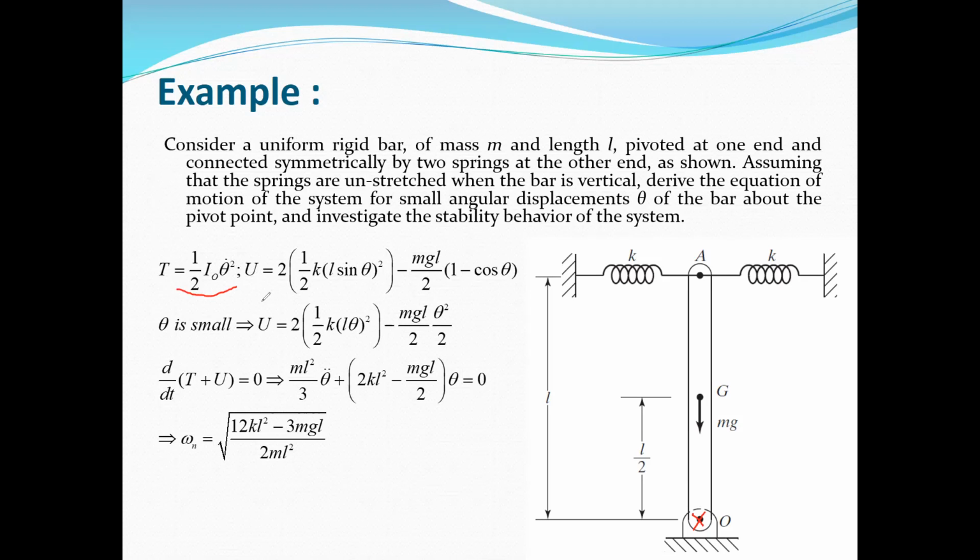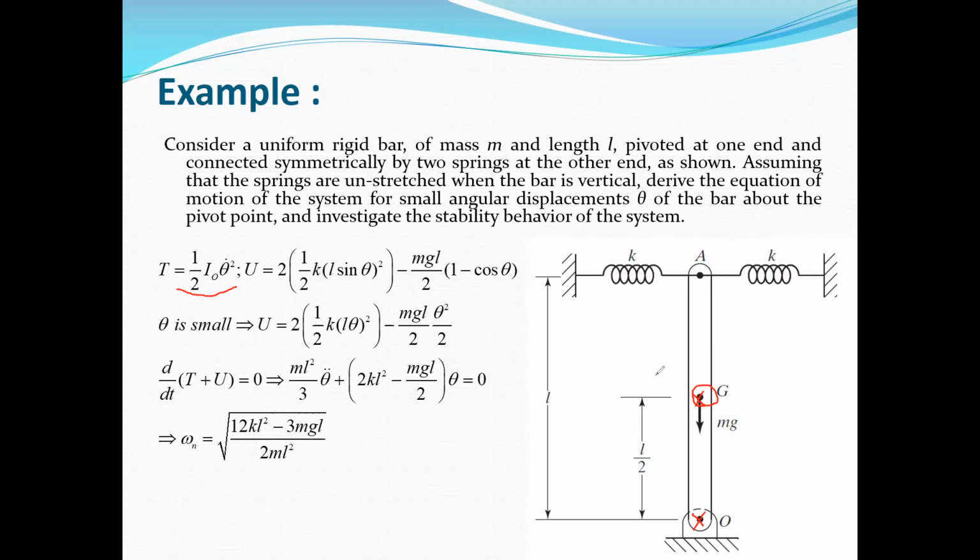Or you can write the kinetic energy about the mass center. This time you will have one half times the mass moment of inertia about the mass center, not point O, times theta dot squared.